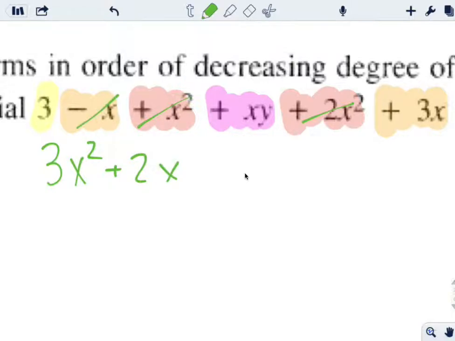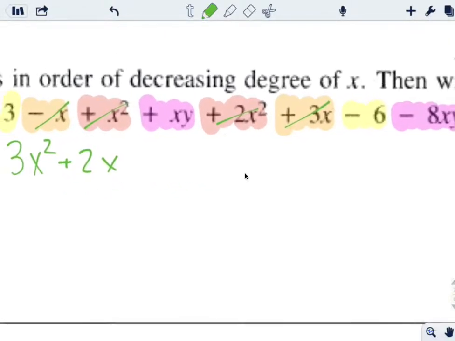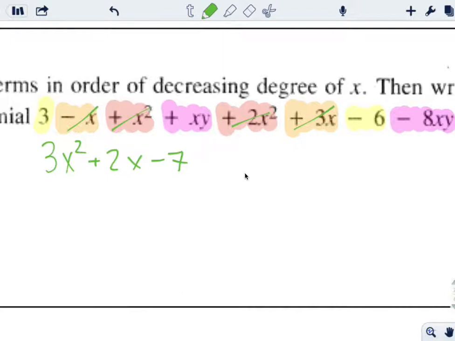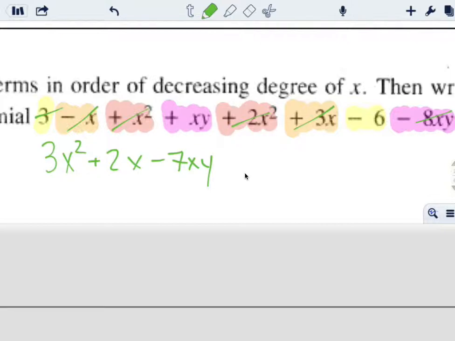And now I've done that and that. Okay, let's do the xy's. Positive xy and negative 8xy is negative 7xy. Takes care of those. And then 3 and a negative 6 is a negative 3.